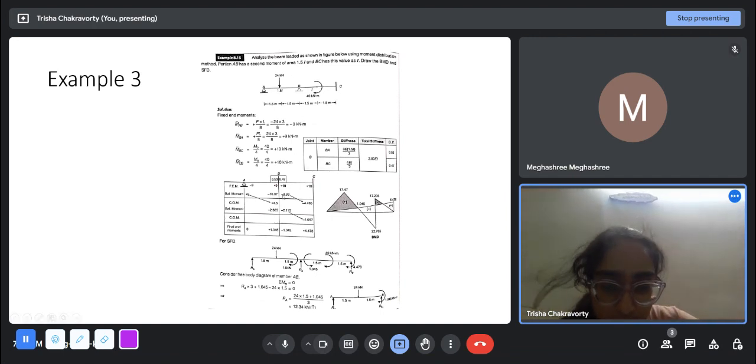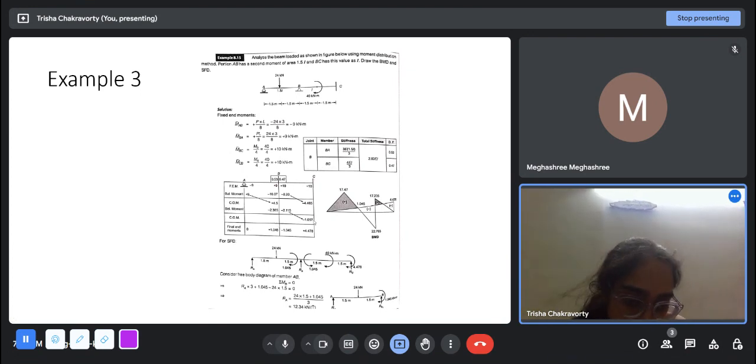Now here the total unbalanced moment is the summation of these three. So this you transfer in the ratio, then again this part you transfer as half, 2.115 by 2 you transfer here, and then if you add these you will see that the final moment at A is 0, at B it adds up to 0, and at C it's something non-zero.